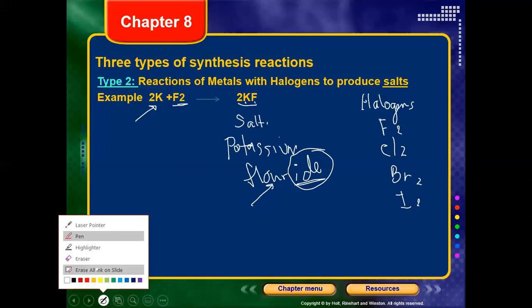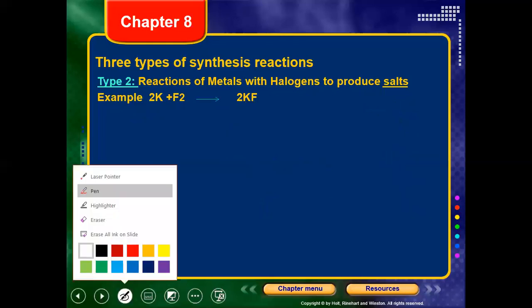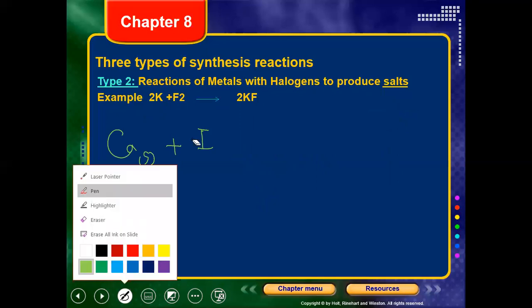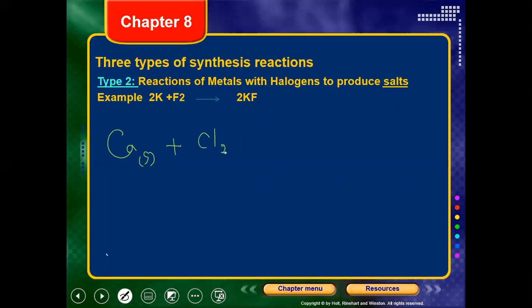Another example, for example, calcium plus, for example, Cl2. The product is, you know that calcium is positive 2. Why is it positive 2?